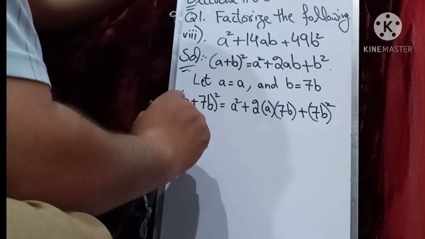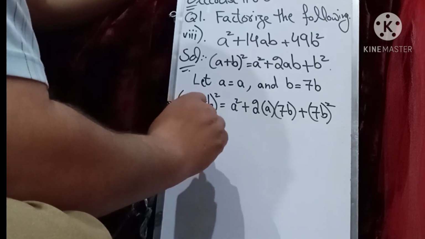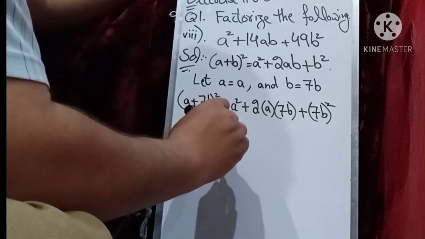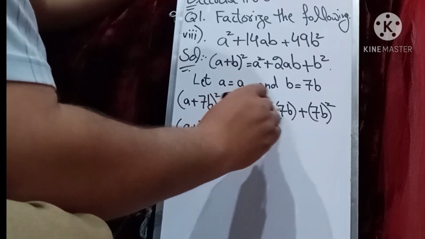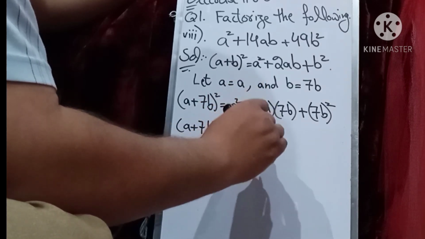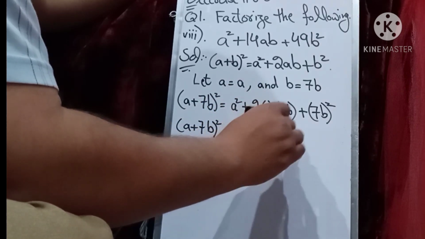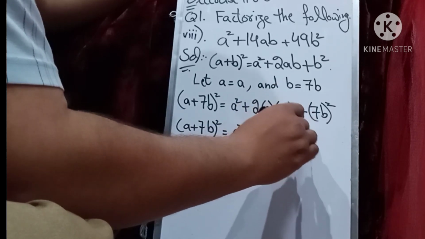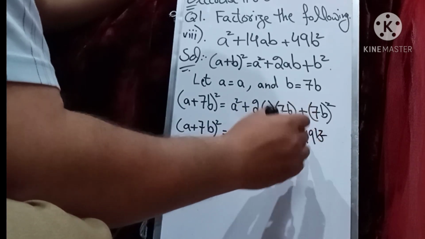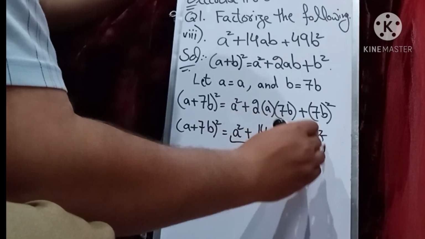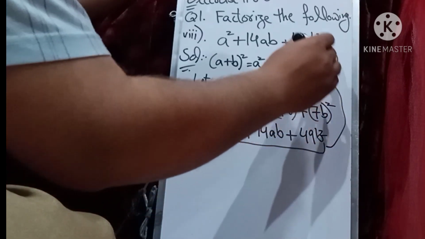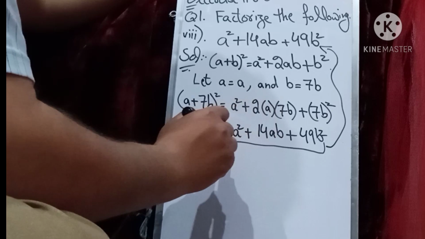So when you simplify it, you will see (a plus 7b) whole square is equal to a square plus 14ab plus 49b square. So you can see that this is equal to the part of the question which is given.